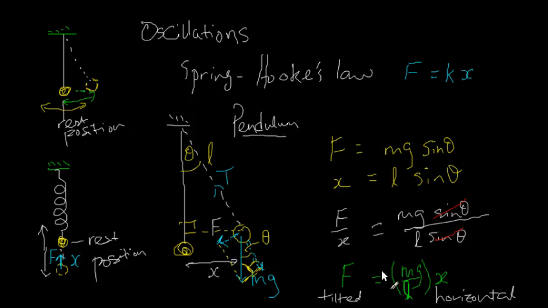So the meaning of the F in the equation is not exactly the same. In the spring case, they are both in the same direction. In the pendulum case, it's in a slightly different direction, but the F is approximately horizontal if the angle is small. So I'm going to say that these are approximately equal for small angle.